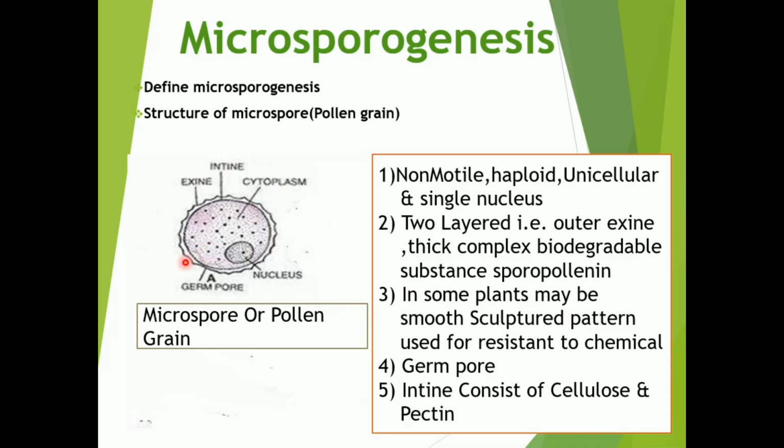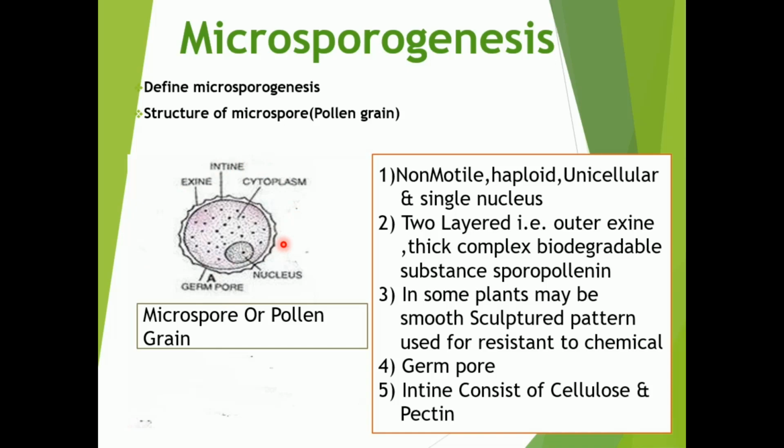The outermost wall of the pollen grain is the exine. It is thick, complex, non-biodegradable, and it contains a substance called sporopollenin.